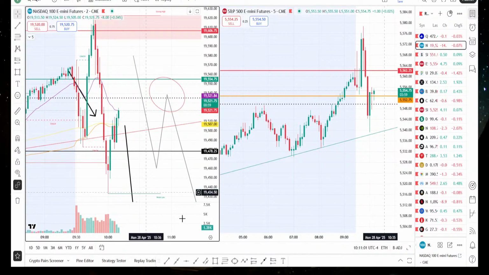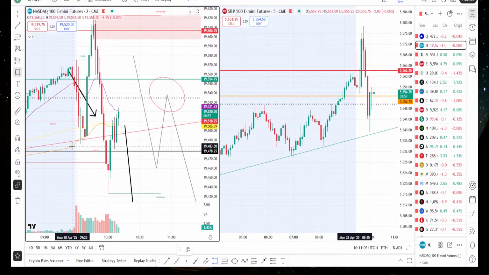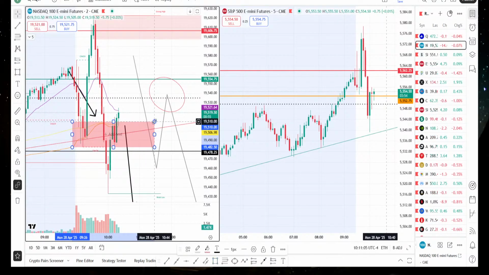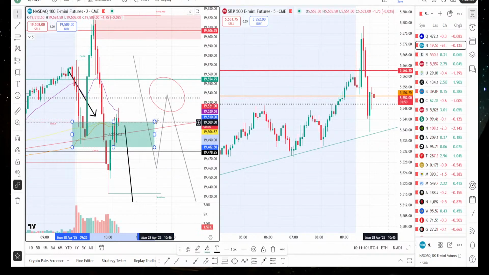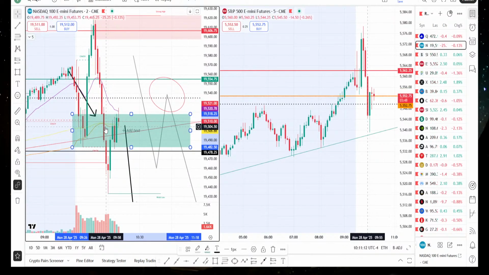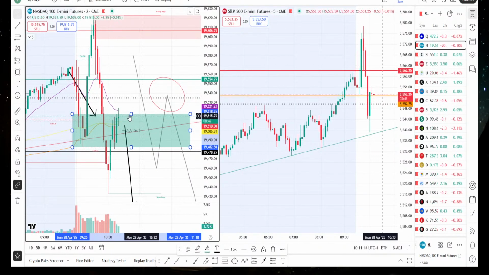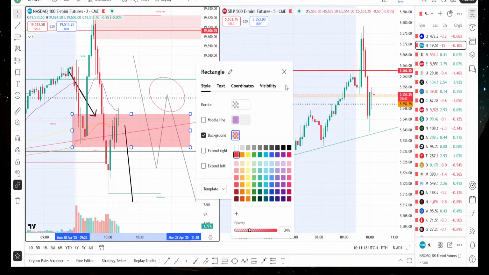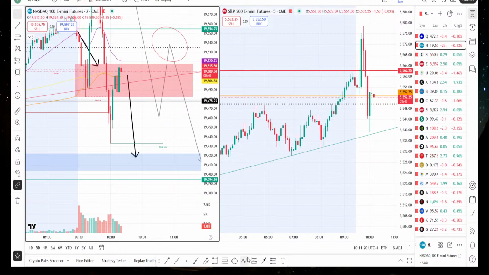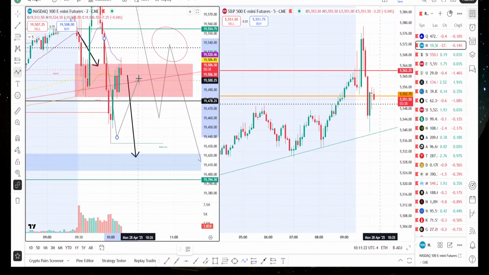Right, because this was a previous area of demand here. This was a previous area of demand. So if sellers are really holding this price lower, they're going to flip this. Right? The market's going to break, pull back, and continue.